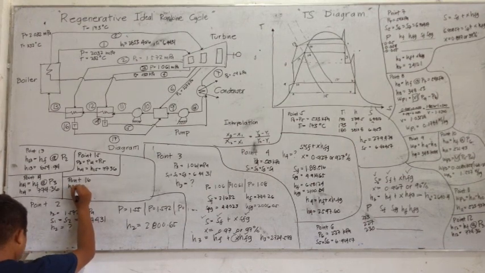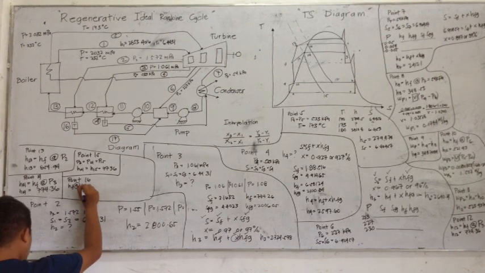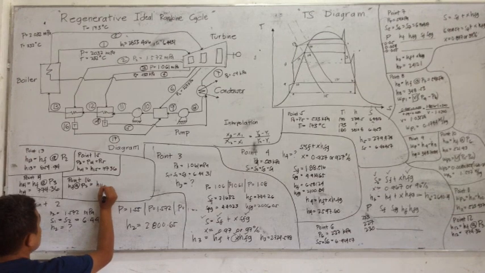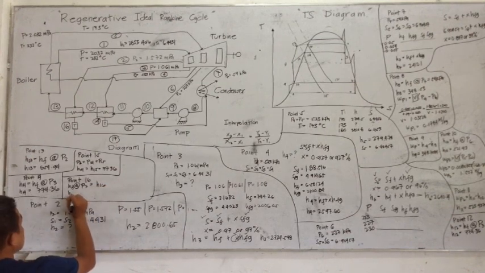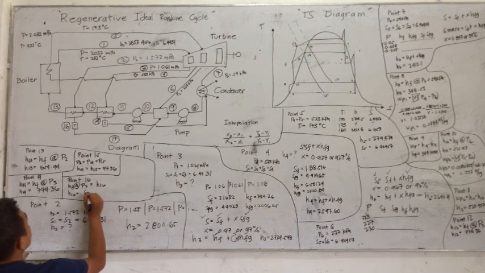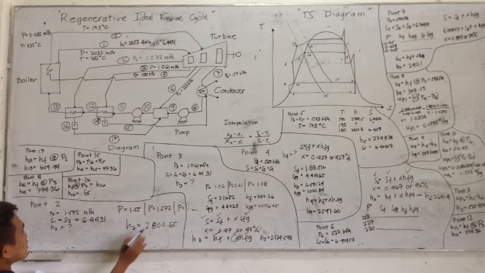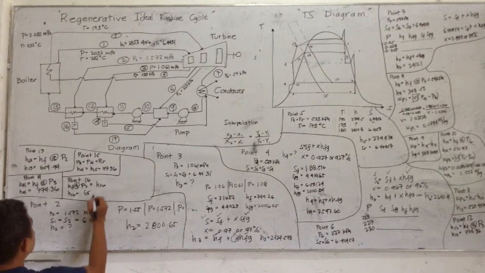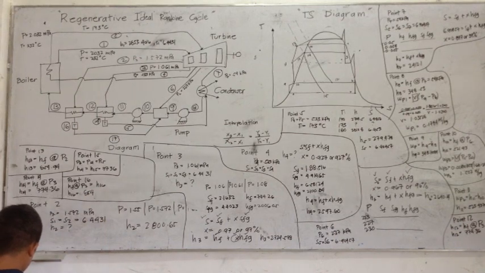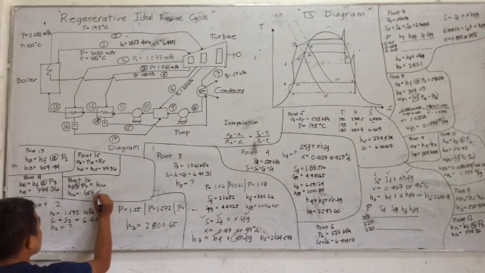HF at pressure 2 is equal to H16, so H16 is equal to 854.94.